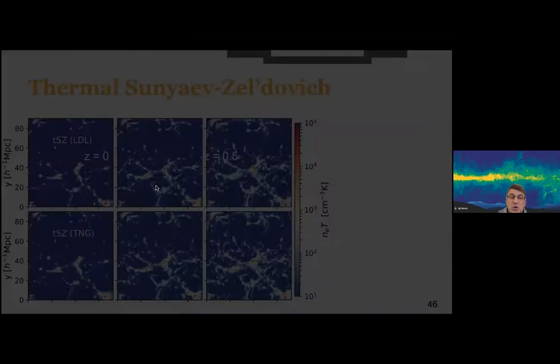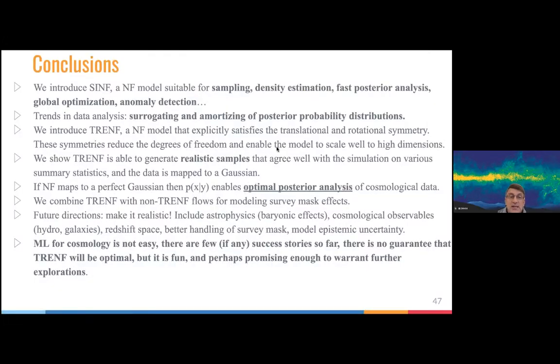Okay, so yeah, these are the conclusions. I've talked about several different normalizing flows. In cosmology, a particular excitement about this approach is that it may enable an optimal posterior analysis. So not only can we do this analysis, but we can also have some guarantees that this analysis is optimal.